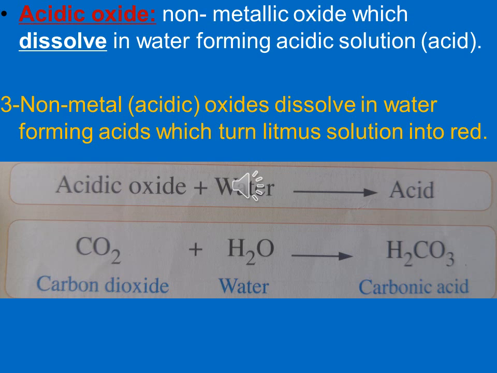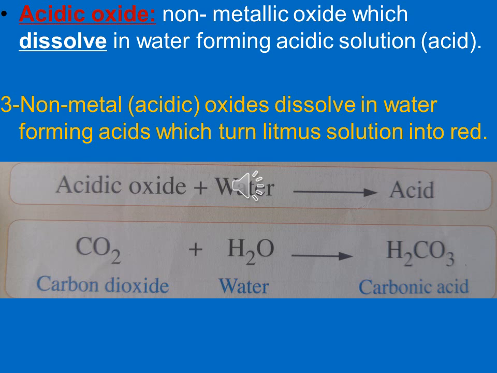An acidic oxide is a non-metallic oxide, which means that we have nonmetal plus oxygen, and when we add water to this non-metallic oxide, it dissolves in water, forming an acidic solution or acid. And this acidic solution turns the litmus solution red.